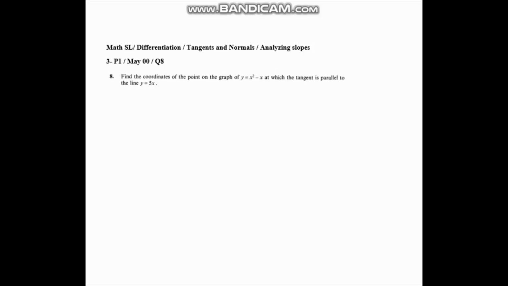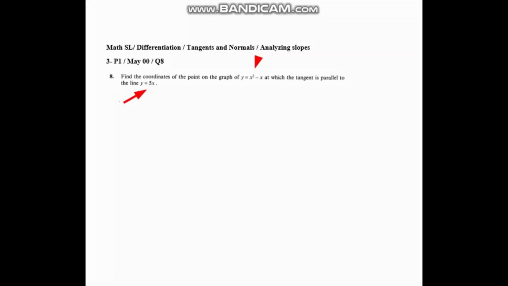So in this question you are required to find the coordinates of the point on the graph y equals x squared minus x, at which the tangent is parallel to the line y equals 5x. So one thing that you should know is that parallel lines have the same slope.